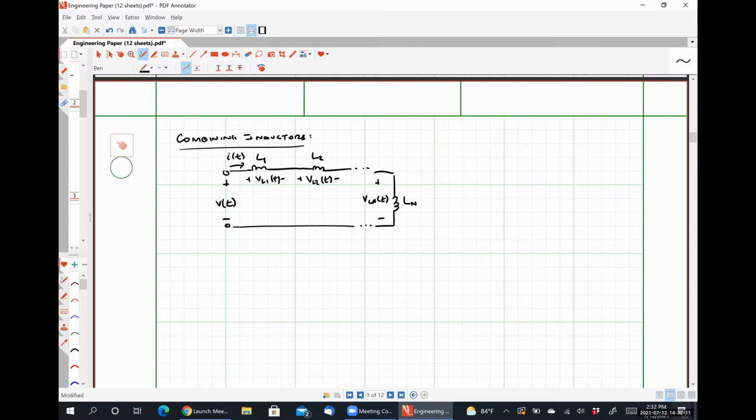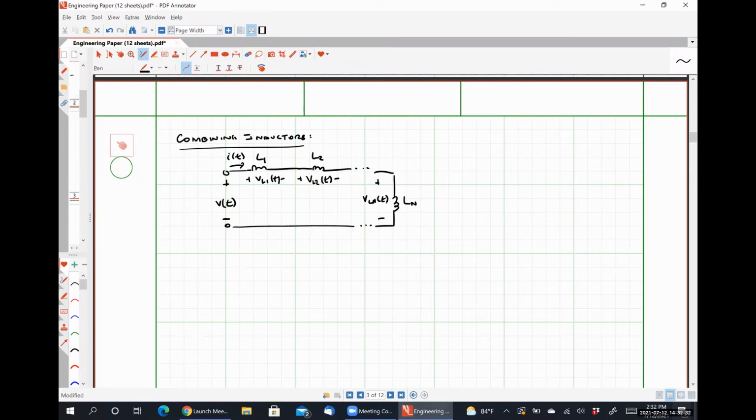And so I would argue that since we have the exact same relationship, except that current and voltage is switched, we should expect to see that inductors in series combine in the opposite way that capacitors do, which means inductors in series should add like resistors in series.